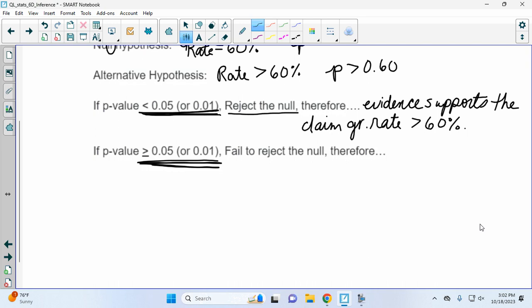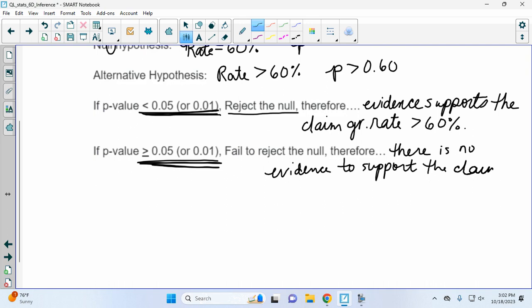Therefore, there is no evidence to support the claim that the graduation rate is greater than 60%. We can't say that it's less than, we just don't have evidence to support the claim that it's greater than.